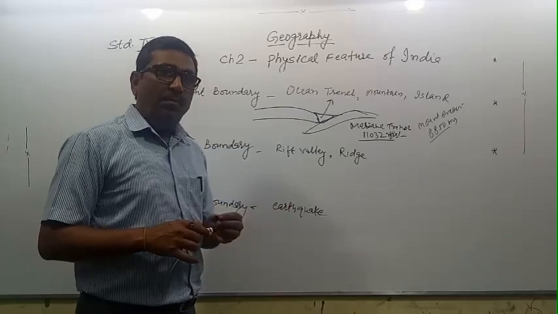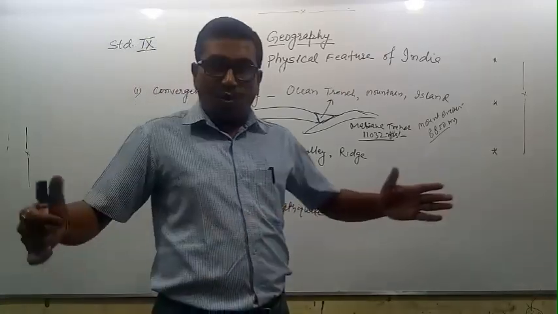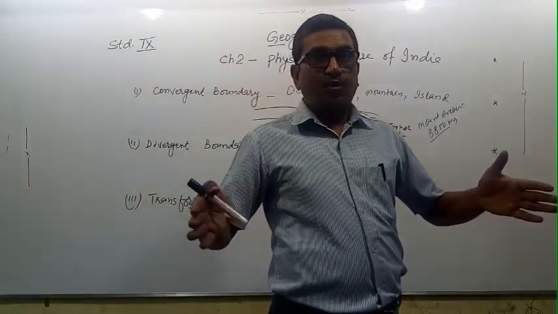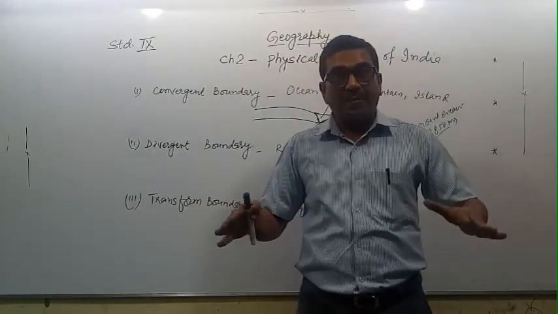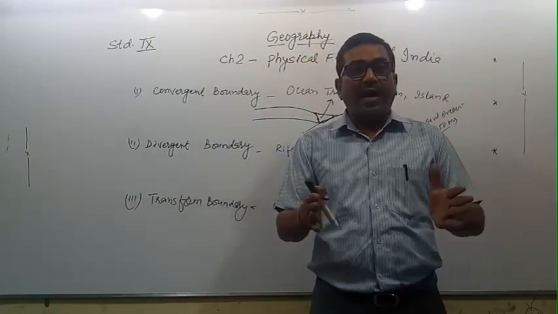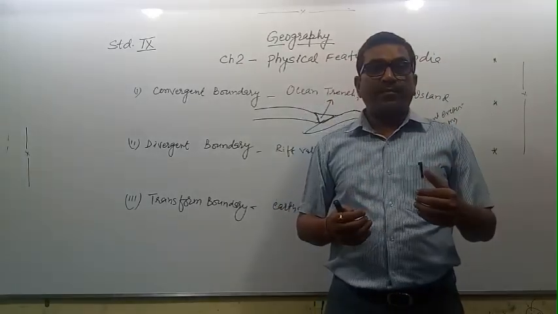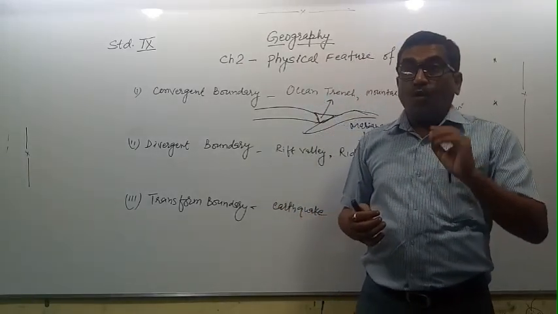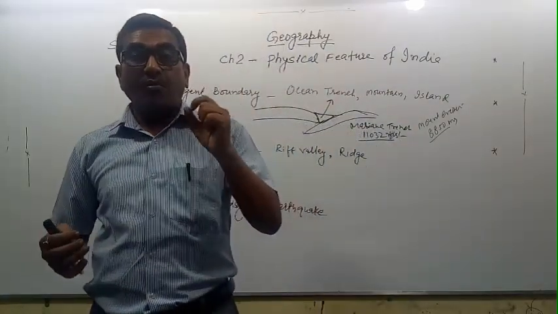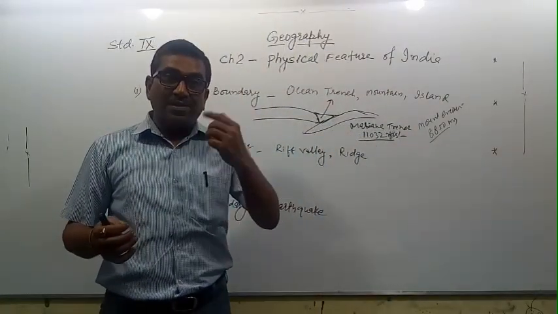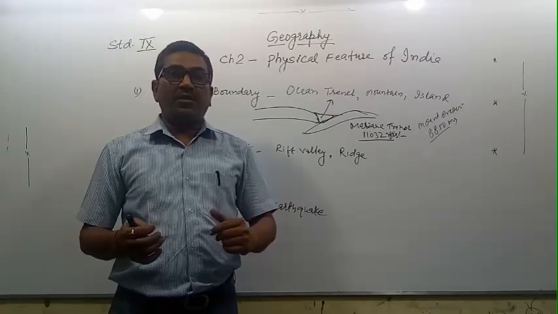It also forms the mountain. अगर मान लिया कि दो प्लेट नजदीक आ रही है, two plates are coming closer, बीच में sedimentary rocks हैं, it has been folded and forming the mountain. We have 4 fold mountains in the world. One is at the boundary of India also. We will discuss later in this chapter.